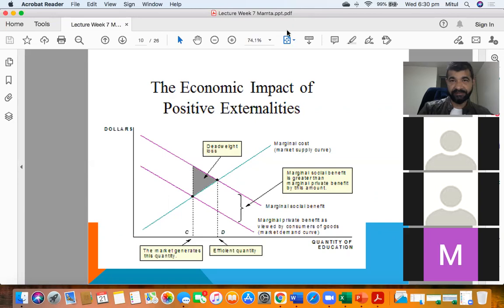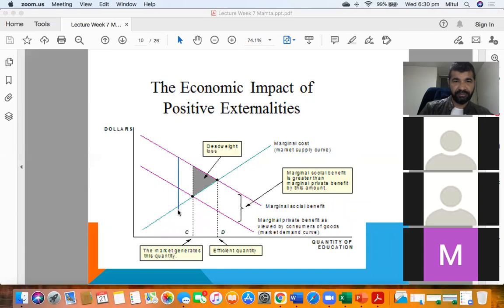Let me draw it. I'll take green, blue. They will start to produce in here. Think how big the deadweight loss will be. Then the deadweight loss will become this big.